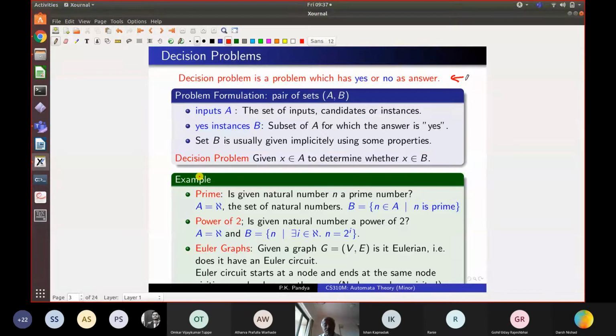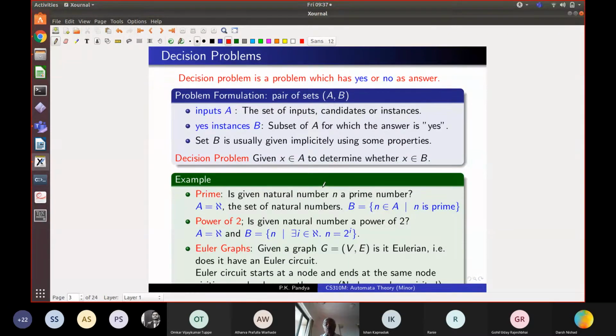You got it? Now, how do we represent such a problem? For example, what is a typical decision problem? You are given a natural number and you are asked whether it is a prime. So is the given natural number n a prime?